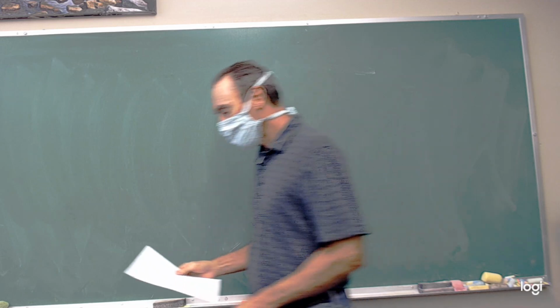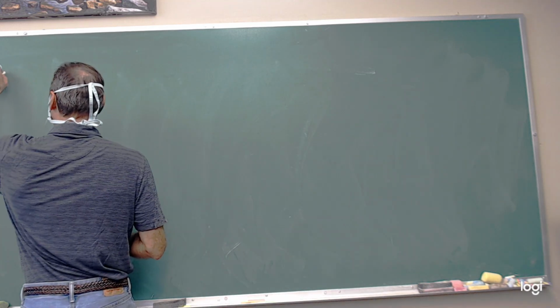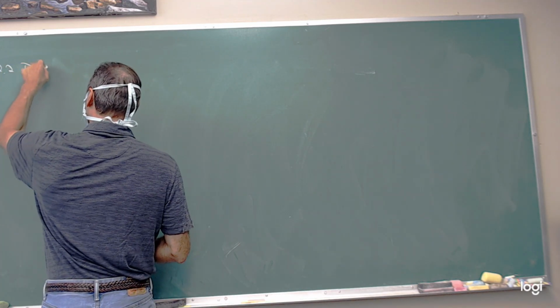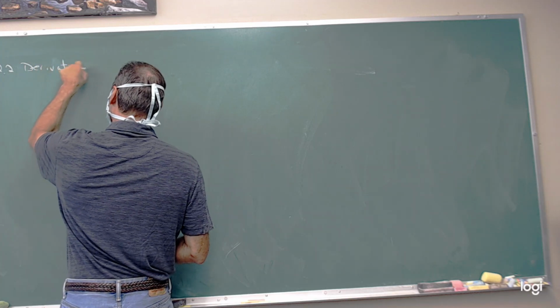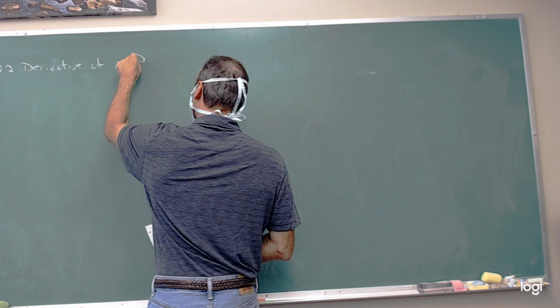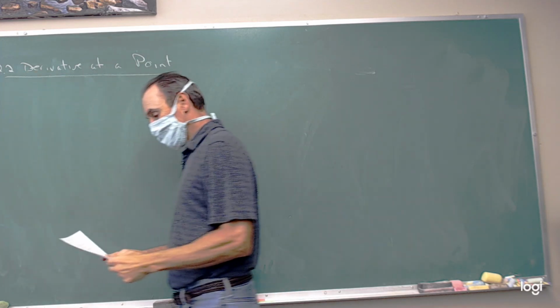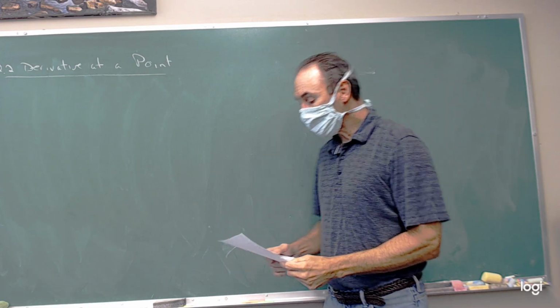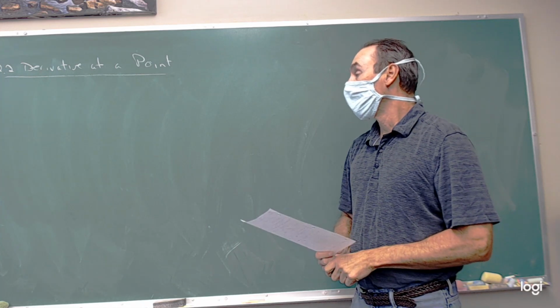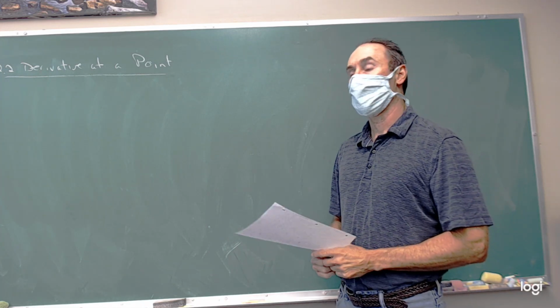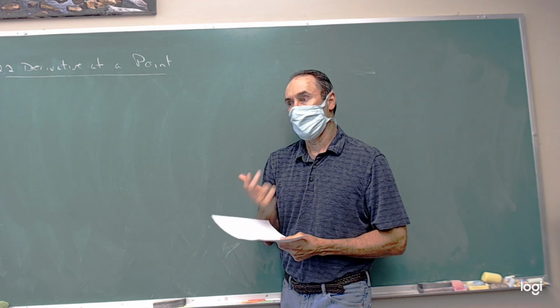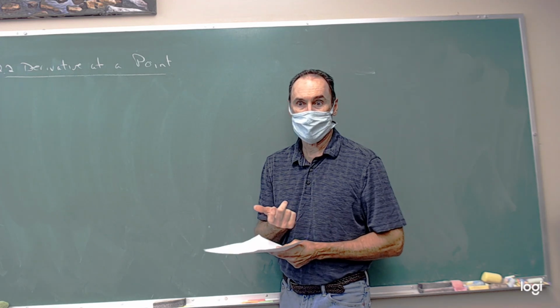Okay, so we're going to go on then, and we're going to talk about 2.2, the derivative. So, reinforcing a little bit what we talked about last time and clarifying this difference between an average rate of change and an instantaneous rate of change.